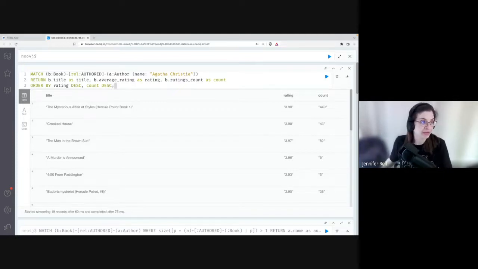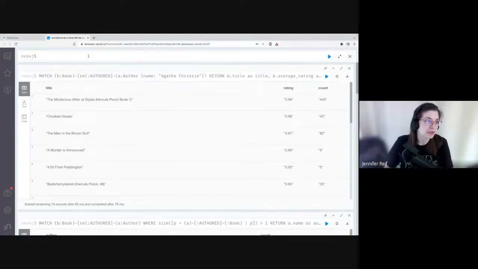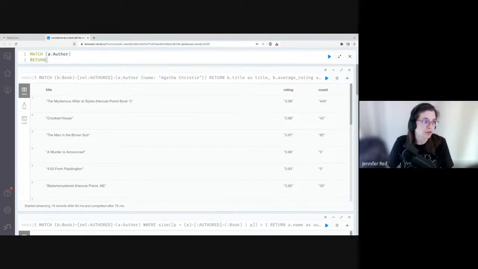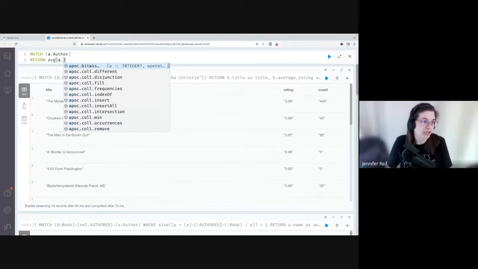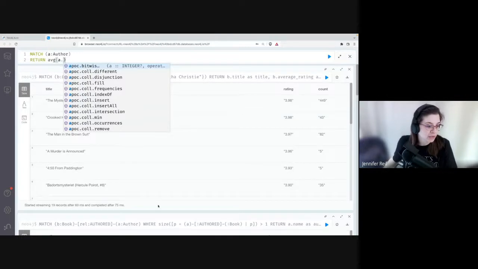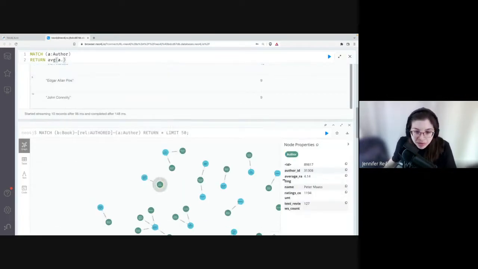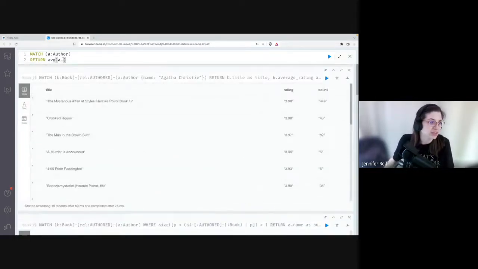Where that type of query I just mentioned, in fact, I could write one. Match an author, return the average of a property. Let's just pull the average of average ratings.